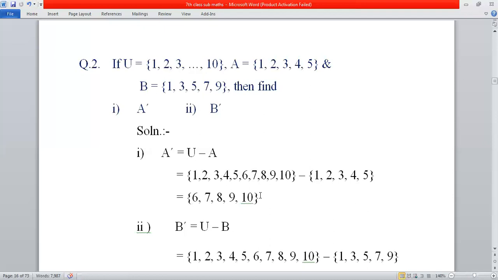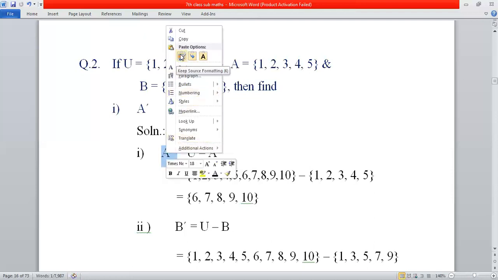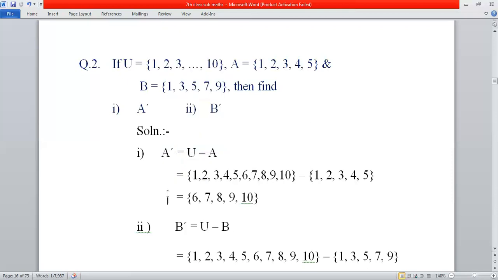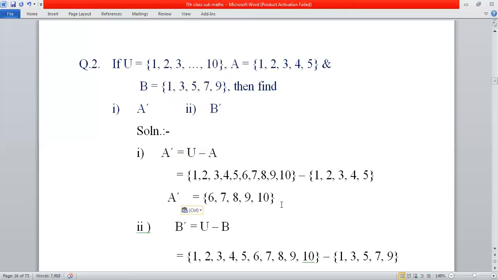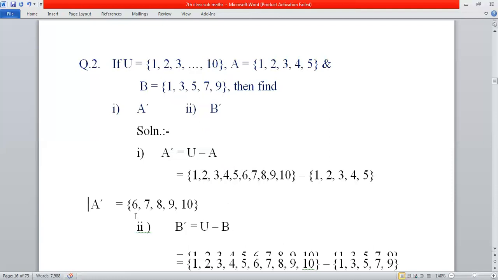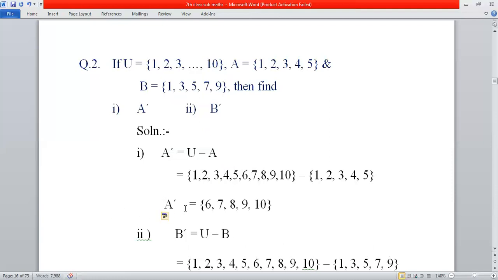So that will be the answer. That is A complement. So A complement is equal to 6, 7, 8, 9, 10.